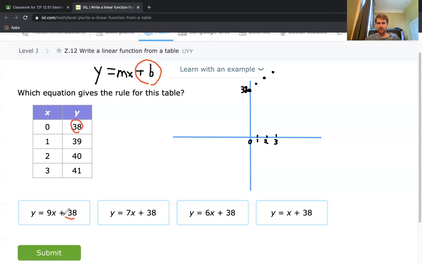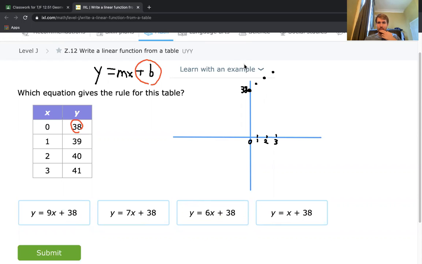Now, in this case, it's not too helpful because all of our answers already have 38 at the end. Now we have to figure out what is the slope of this line. And if you look at my little sketch, you can see it's going up 1 over 1, up 1 over 1, up 1 over 1. But sketches aren't always perfect, so there's another way we can check this. We can actually substitute these numbers into each of the equations and see what answers we get.